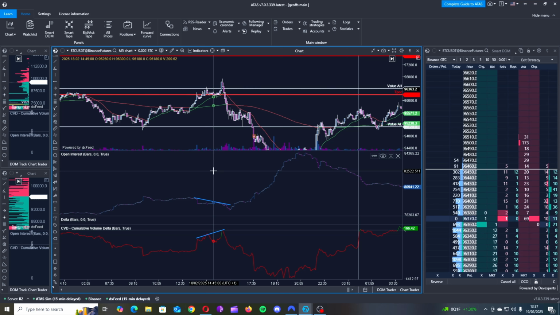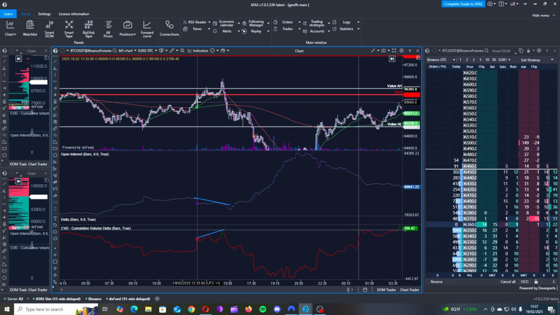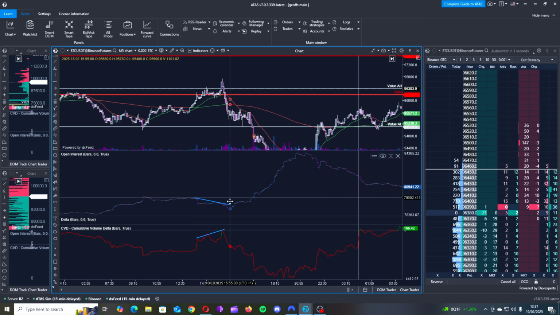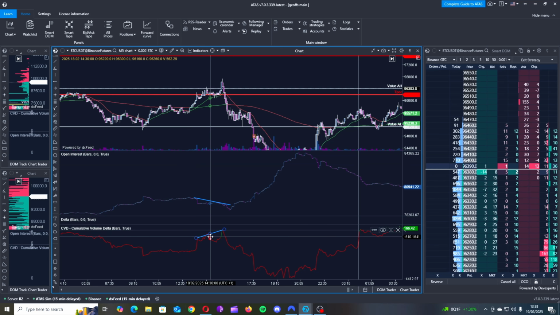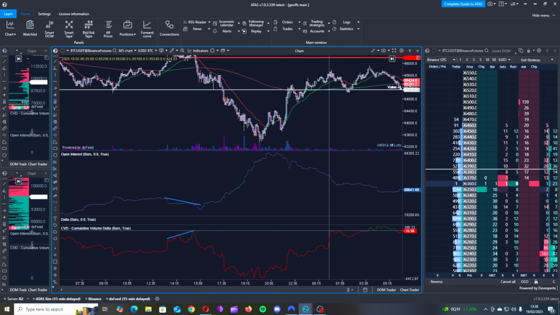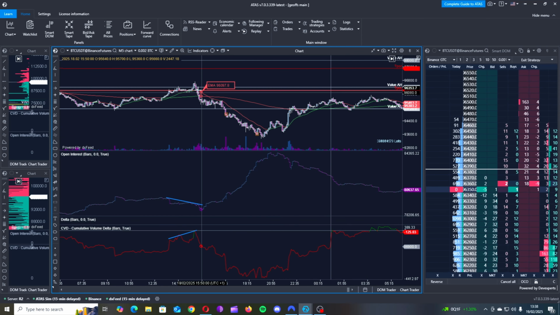So what's happening here is open interest is going down, which means fewer people up here are wanting to long. But with CVD going up, there are still a few people in the market trying to long here. So that causes a divergence between the CVD and the open interest. Then what will occur is something like a spike, stopping all these out here, for it to eventually start to move away like it did yesterday. This sort of move here.